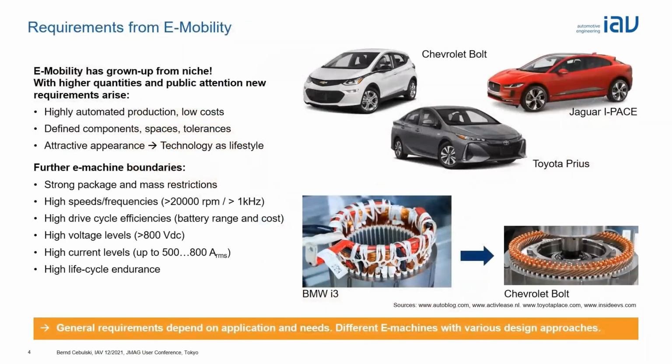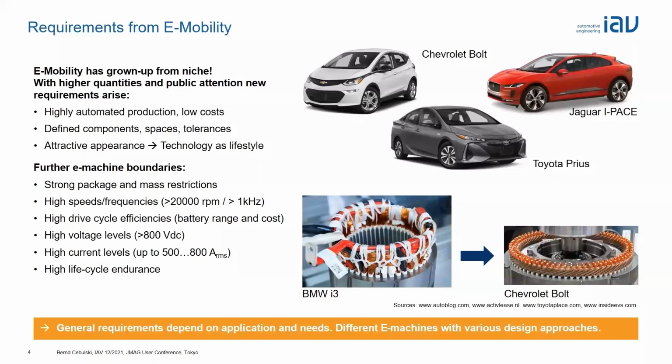If it comes to e-mobility, there are a lot of specific requirements that somehow deviate from industrial applications. Starting from a niche production, e-mobility has grown to a very big industry, which has many facets of different developments and different requirements. So it's hard to address everything in just one slide.